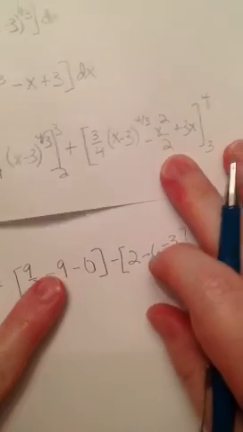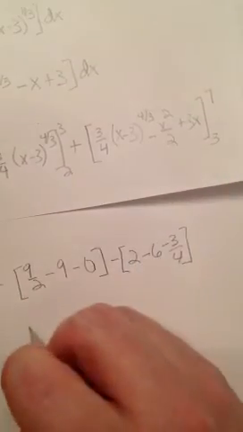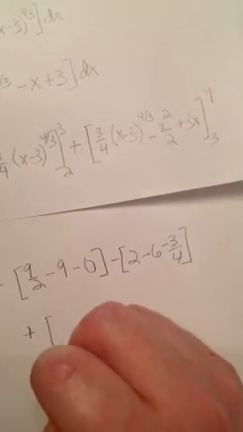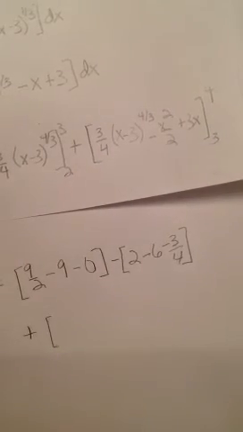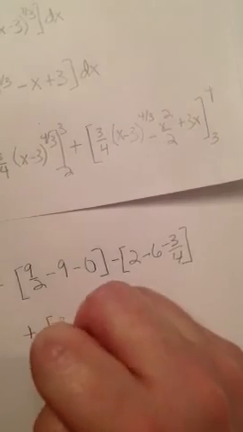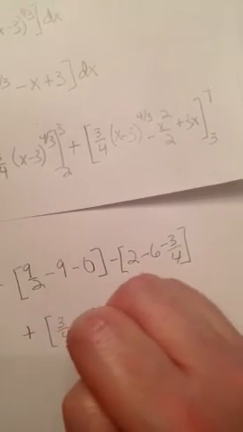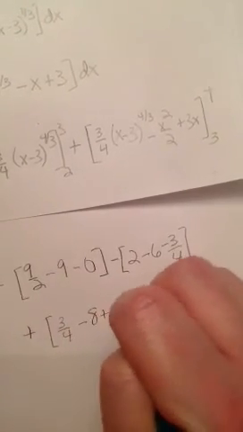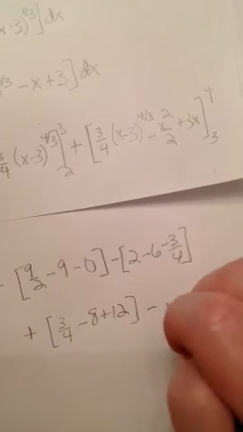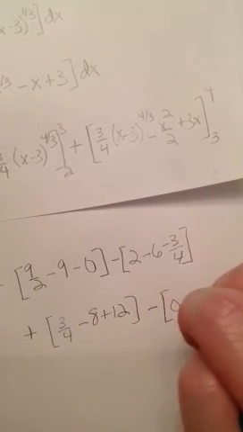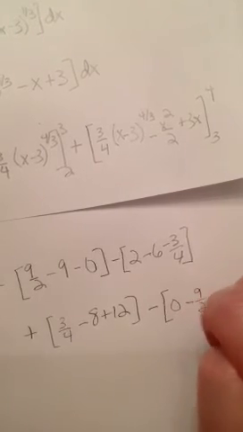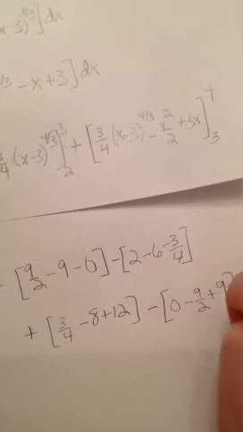And then working with the R2 items, whenever x is equal to 4. Okay, in this particular instance, we're going to have 3/4 minus 8 plus 12, and with 3 at the lower limits, okay, 0 minus 9/2 plus 9.